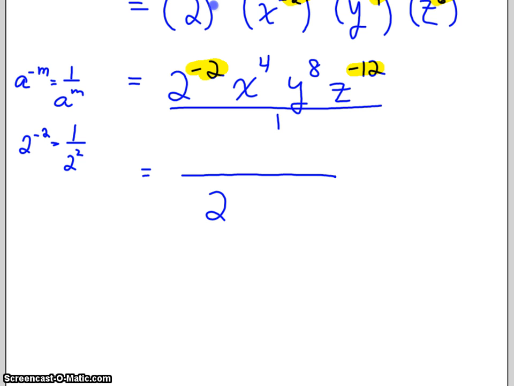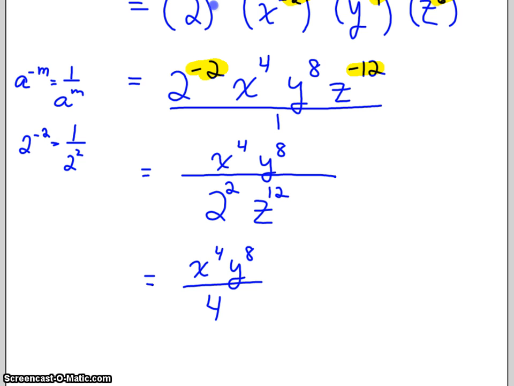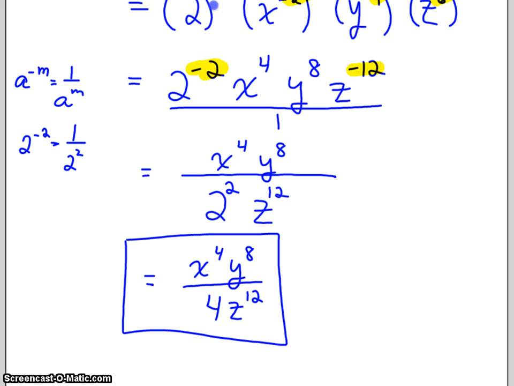The 2 must move to the bottom and become a 2 squared. The z must move to the bottom and become a z to the positive 12. The x to the 4 stays where it is. The y to the 8 stays where it is. And then all we need to do to finalize our answer is just change 2 squared to 4. Alright, we're left with all positive exponents and no bases that are the same, and everything is in simplest form.